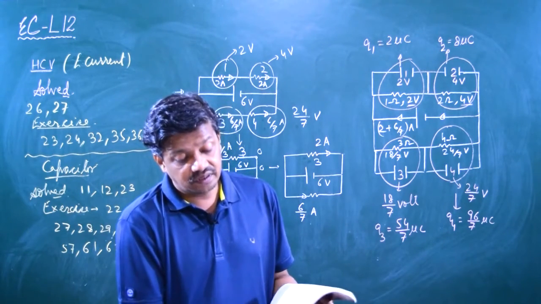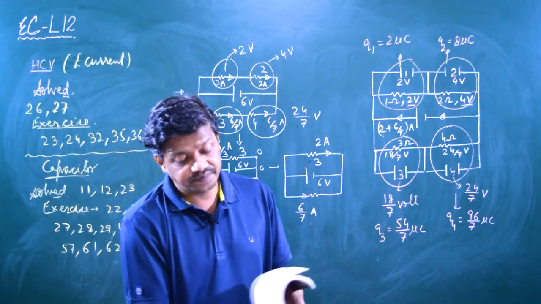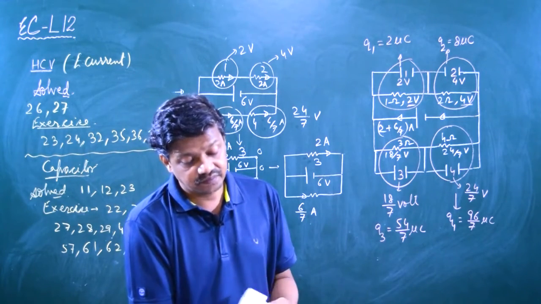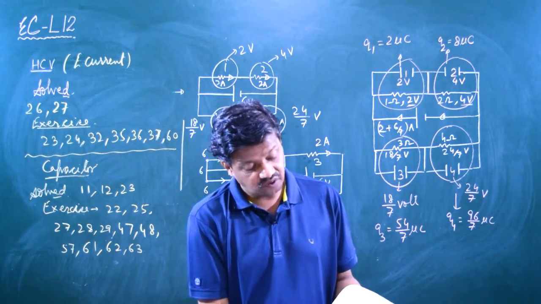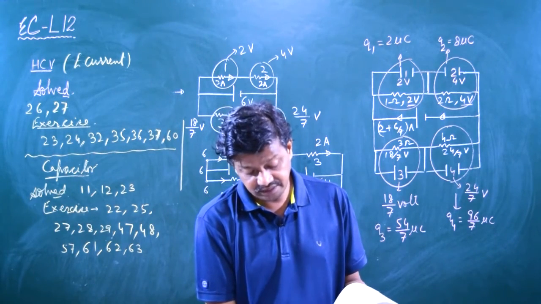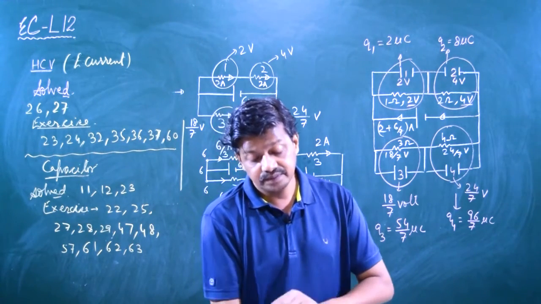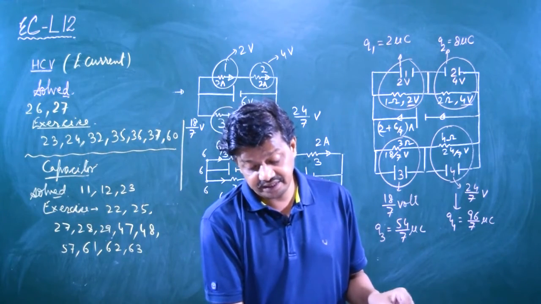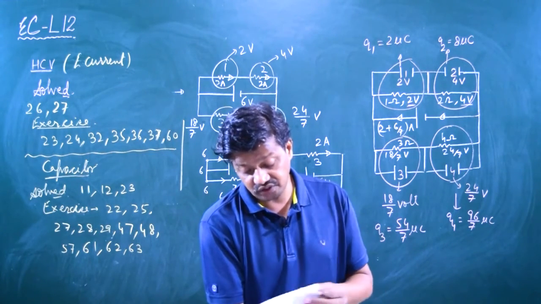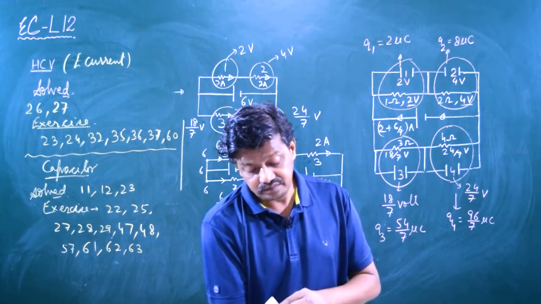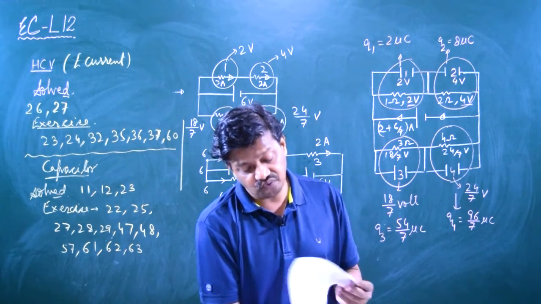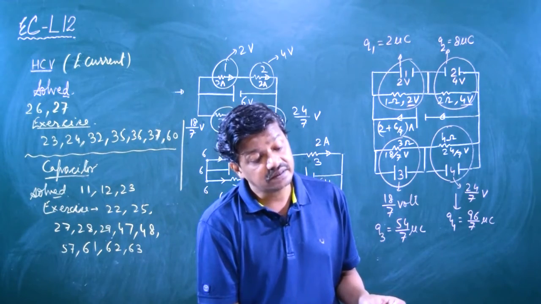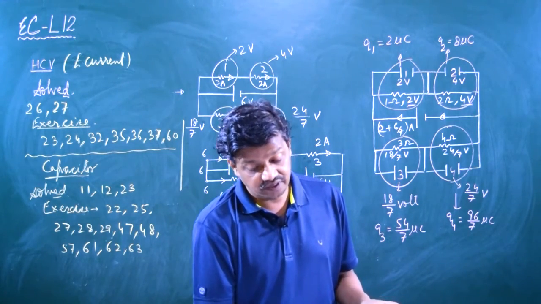Now we come to the previous chapter, that is Gauss theorem. Okay. Objective 2 you have to do. Okay. And from exercise of Gauss law, you have to do only question number 4 and question number 11.